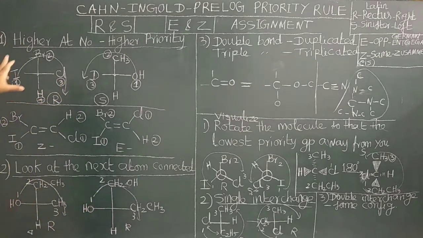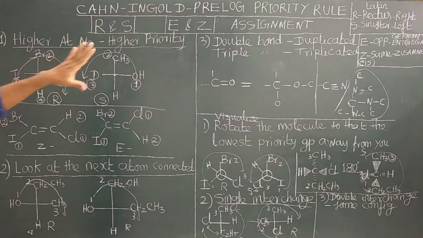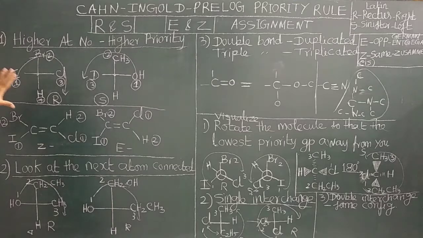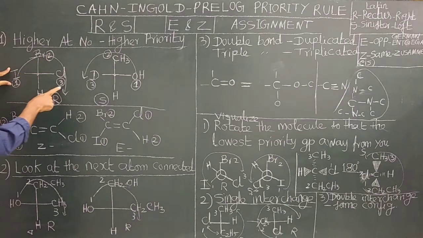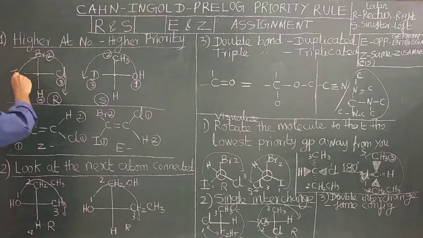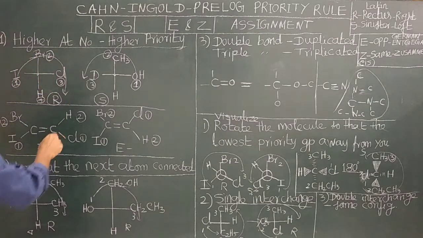Now let us apply this rule and assign the R or S configuration. Iodine has the highest atomic number, so the first priority is given to it. Next is bromine, second priority, and chlorine, third. Now you draw the arrow.